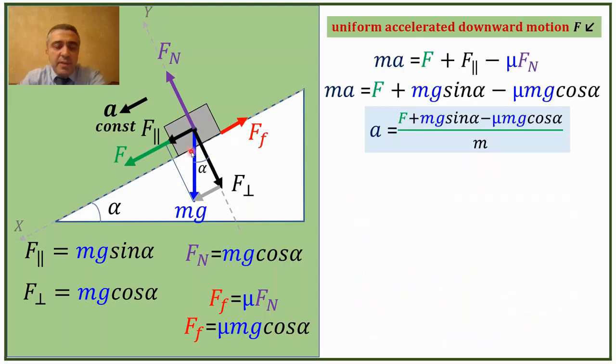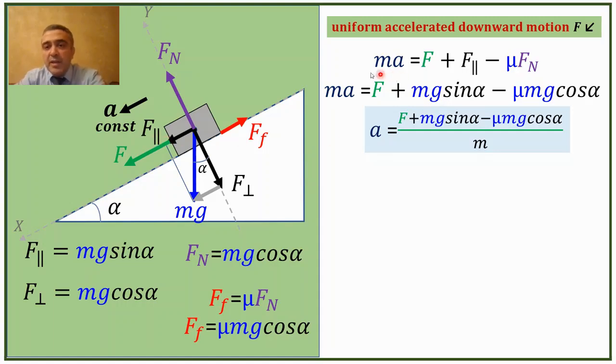And if we apply an additional force, because we came across a different type of challenge, and this challenge is that it is more difficult for the students to compare all these forces, therefore we give each of these forces a different color. You see that this green color is the additional force. The green color force is in the downward direction, so it is in the direction of the force parallel.